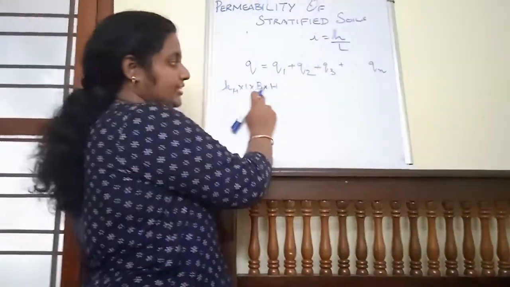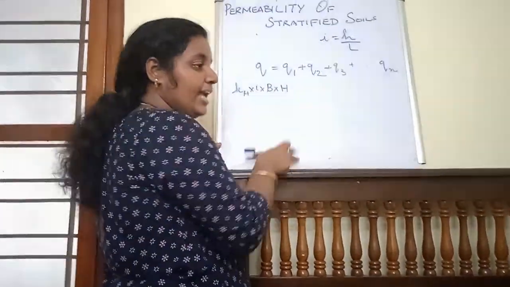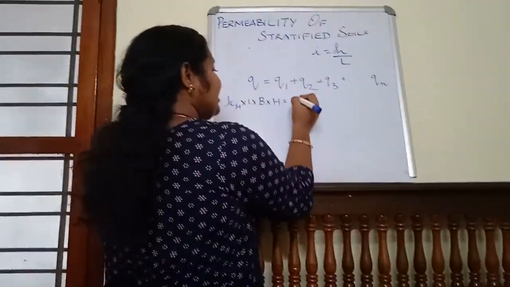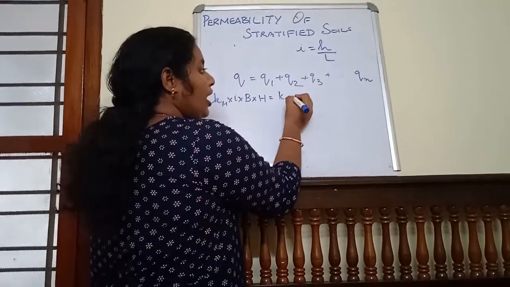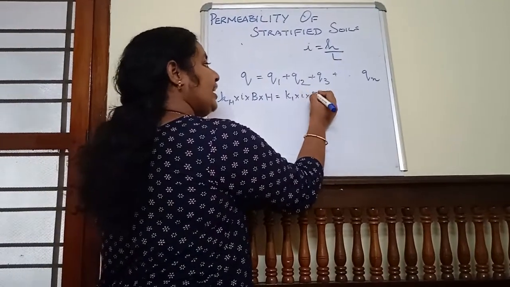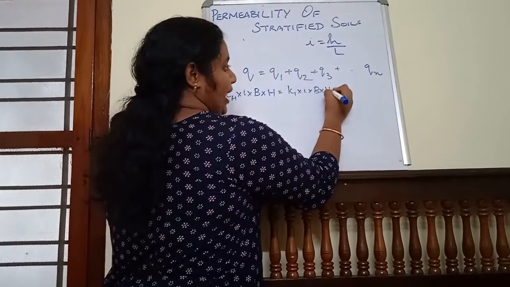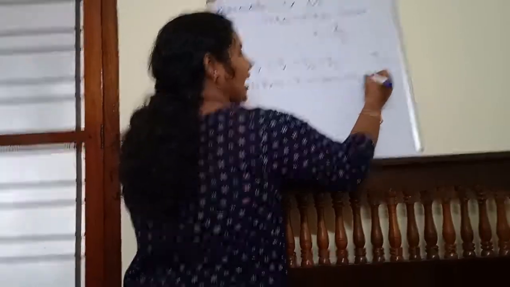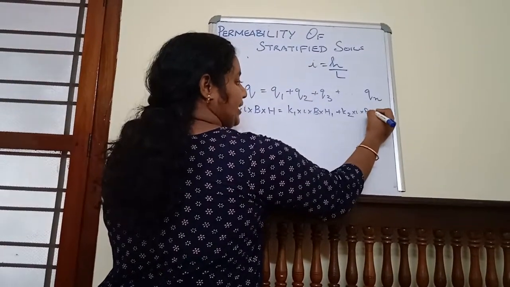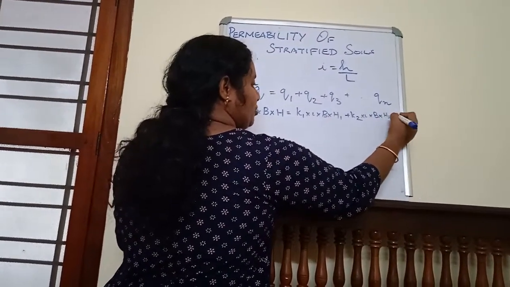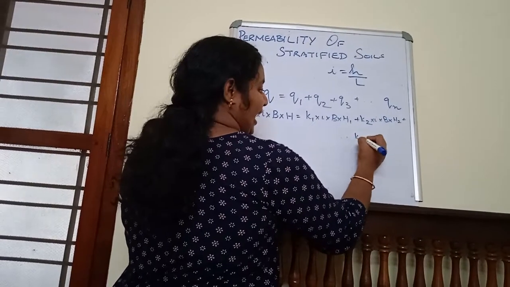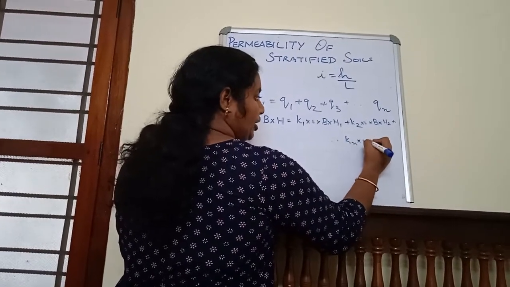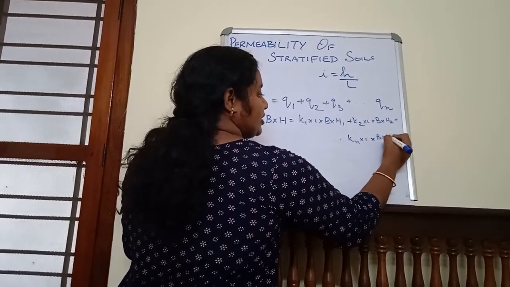B is the constant width that we are taking for the entire soil sample, and that is equal to K1 into i, hydraulic gradient is constant, B is constant, into H1, plus K2 into i, B, into H2, plus so on up to n number of layers. So this is the equation.